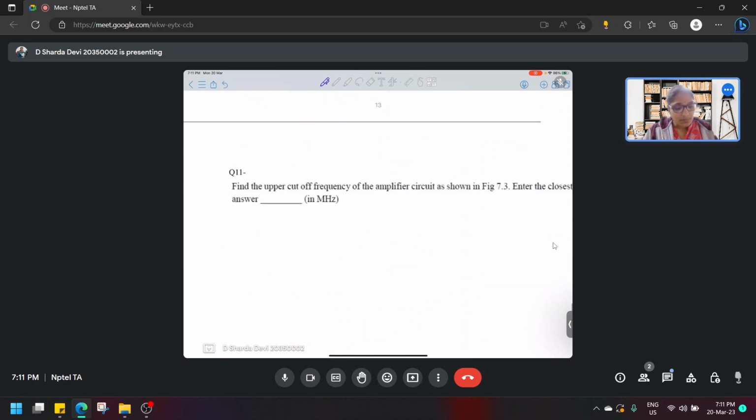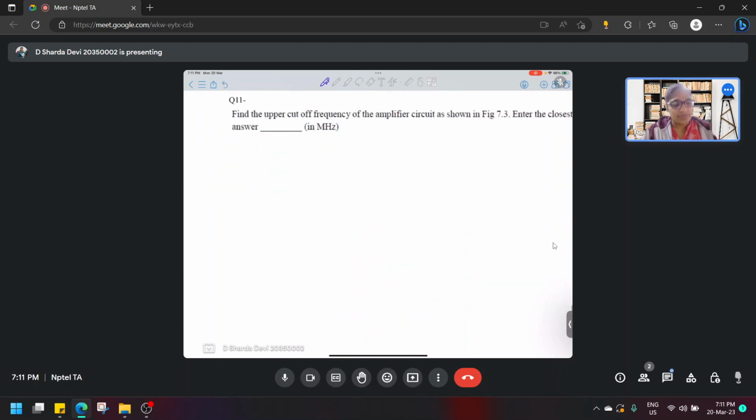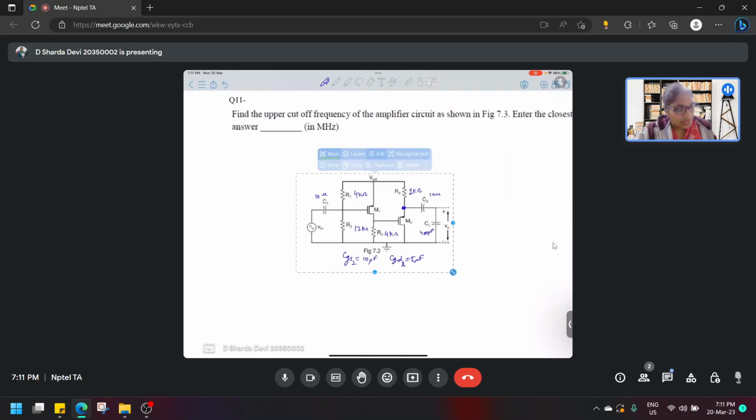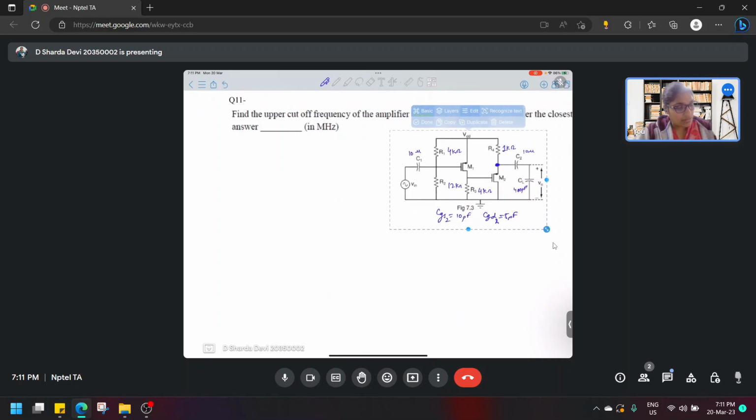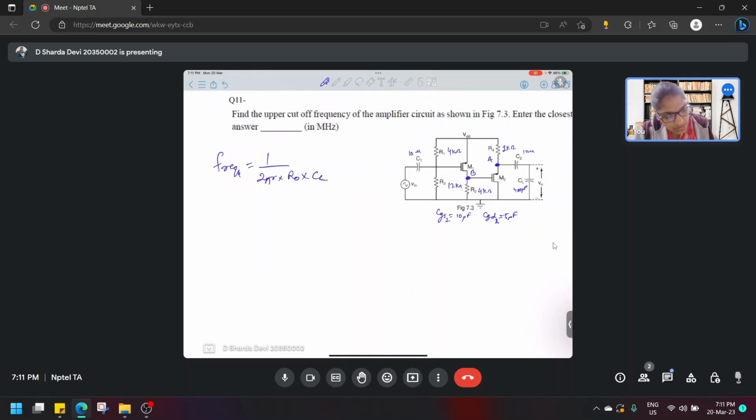Okay. Now moving ahead, here we have to find the upper cutoff frequency of our amplifier circuit. So we have two nodes, 1 and 2. Let us find the frequency at A and B. Frequency at node A will be 1 upon 2 pi into R0 into Cn.